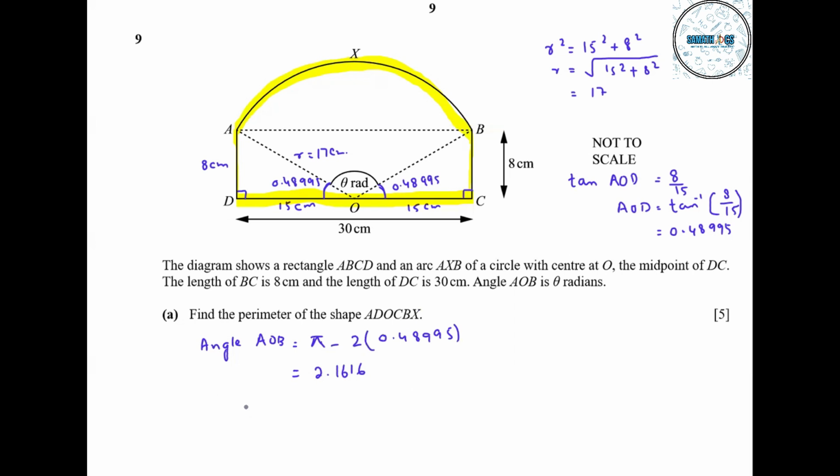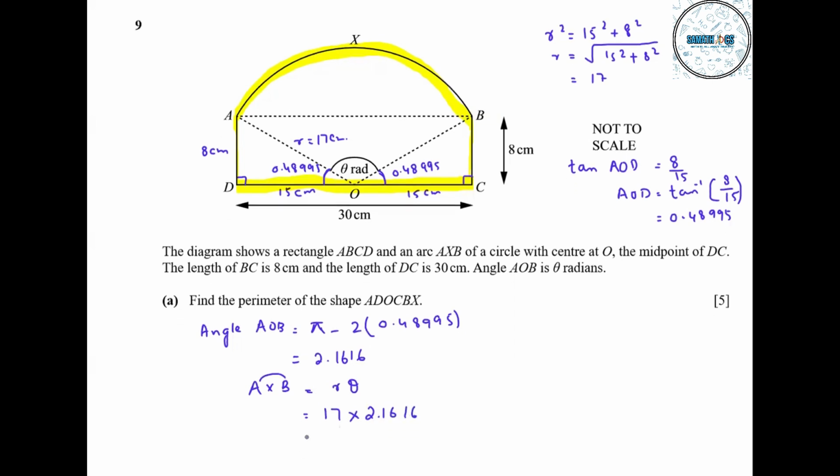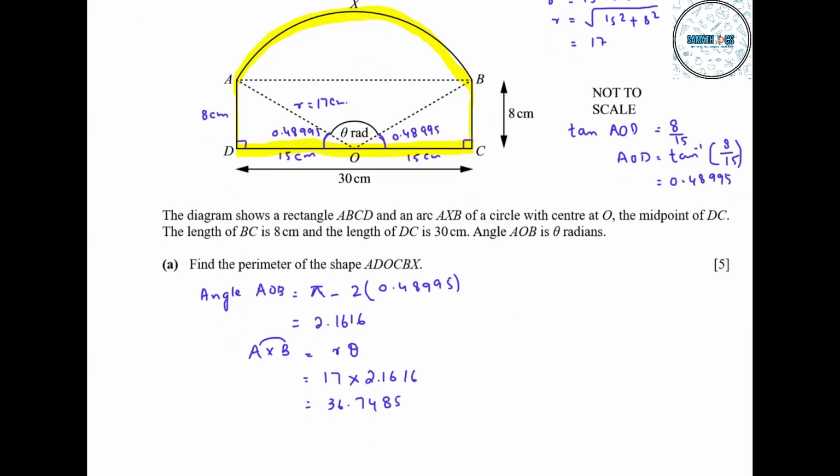So AXB is equal to r theta. So we have radius is equal to 17 and we have theta is 2.1616. So which is equal to 36.7485. So now we can take out perimeter.